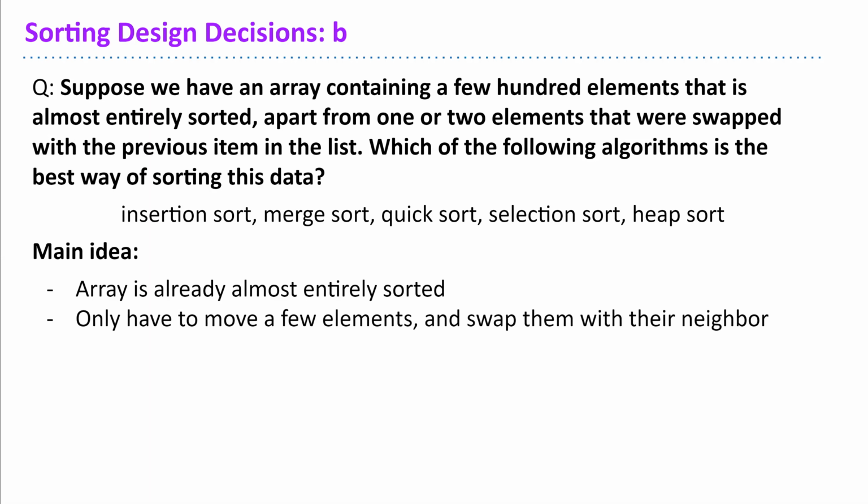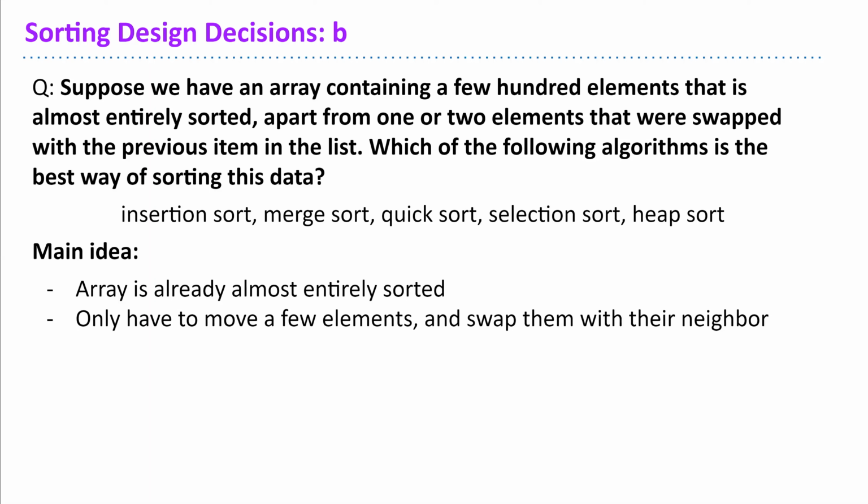Also, we'll only have to move a few elements and swap them with their neighbors to get our sorting correct. So we want to look at our list of algorithms and think, which sorting algorithm is going to work best with an almost sorted array, and which is going to do the least amount of work when it comes to swapping and moving some elements around.